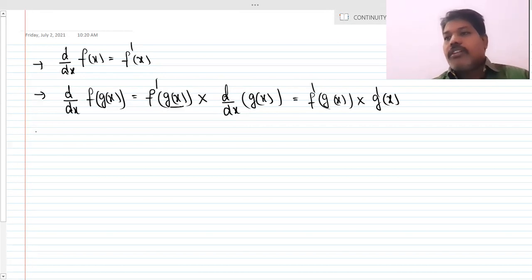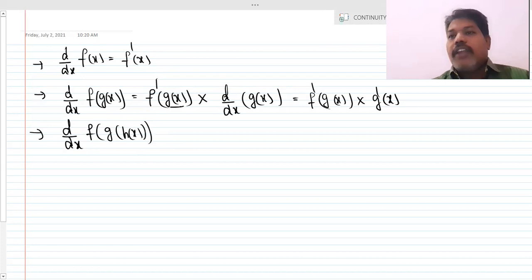For example, the function is in the form of derivative of f of g of h of x. How many functions are there? Three functions are there.